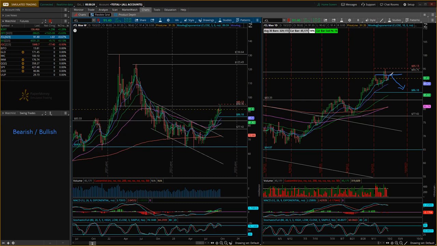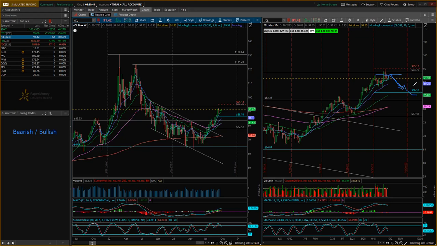I'm just going to sell them, scale out. And then when I see divergence on my 1 hour chart, I'm going to short crude oil. So short term, I think crude oil will go through some corrections.